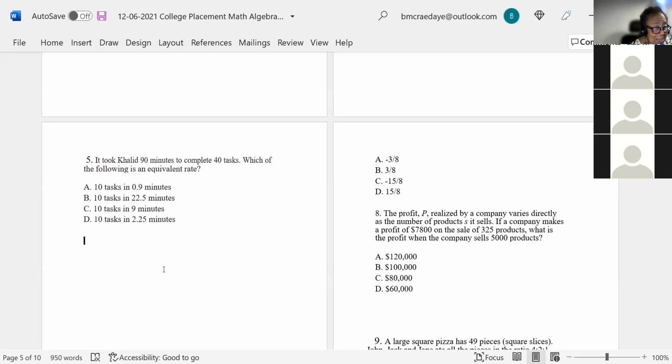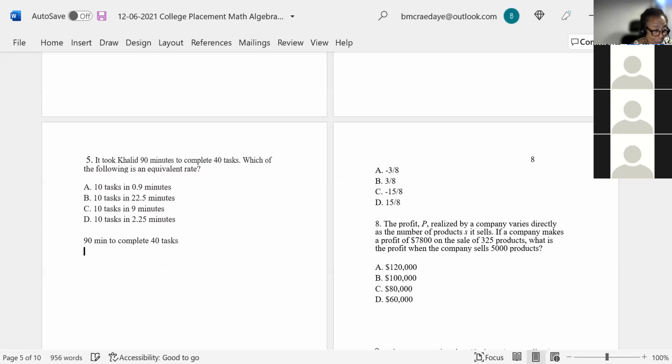So 90 minutes to complete 40 tasks. Now, all the answers say 10 tasks. So 10 tasks is 1/4 of 40.